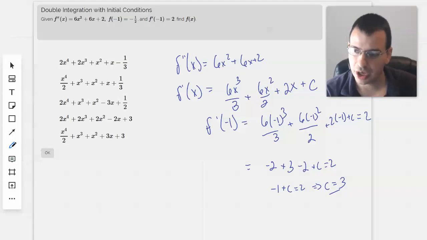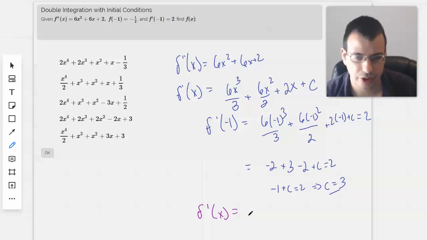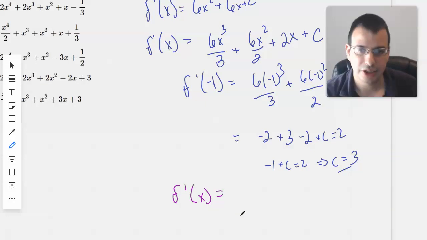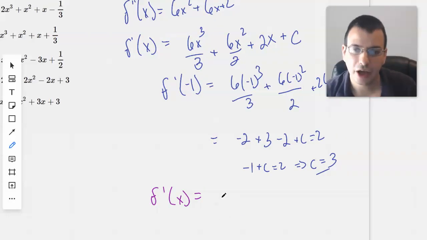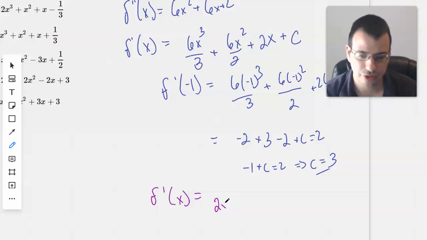So we'll rewrite f prime of x. F prime of x we now know is, I'm going to simplify 6 over 3 as 2. So we have 2x cubed plus 3x squared plus 2x plus 3.